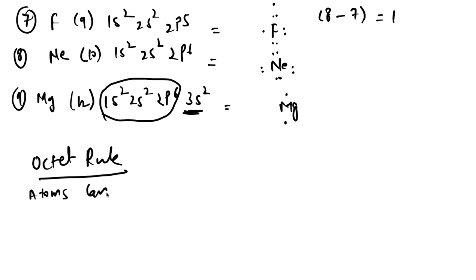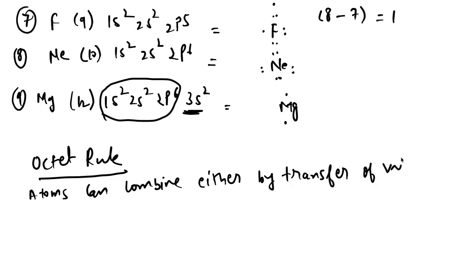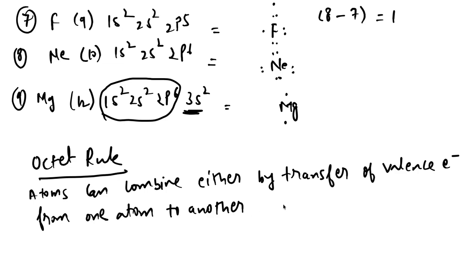Atoms can combine either by transfer of valence electron from one atom to another, that is either by gaining electron or losing electron, or by sharing of the valence electron.